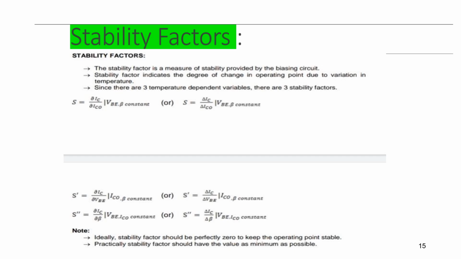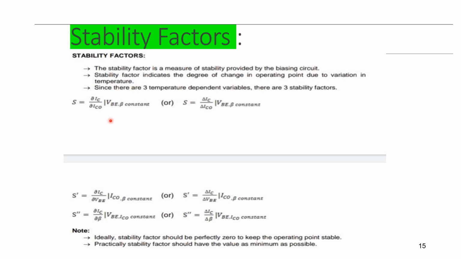Now, stability factors. Stability factors indicate how stable the circuit is with respect to variation of particular parameters. The stability factor is a measure of the stability provided by the biasing circuit. It indicates the degree of change in operating point due to variation in temperature.